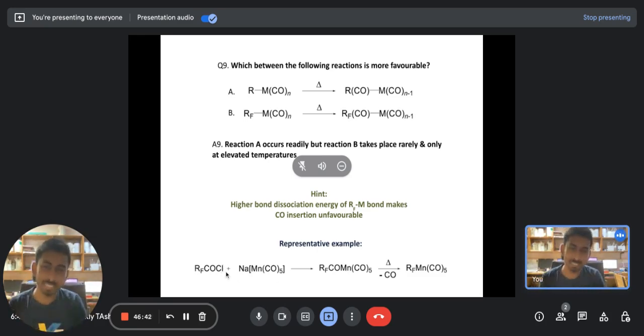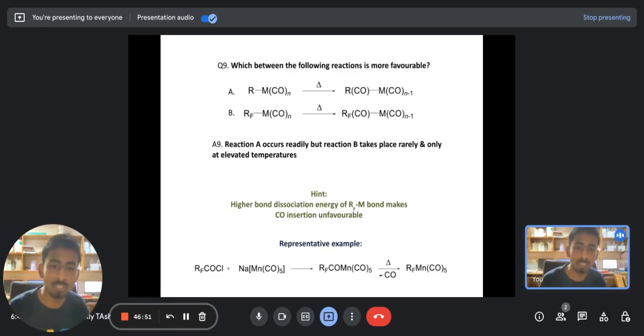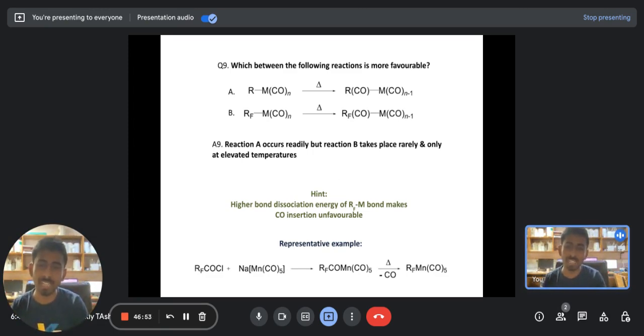So one of the products is NaCl. Now Mn(CO)5 minus, as I have already told, is nucleophilic in nature, because metal carbonylates are very stable and highly reactive, and they act as a nucleophile. So this nucleophile will attack the RF center of the CO and will form this acyl intermediate, that is RFCOMn(CO)5.